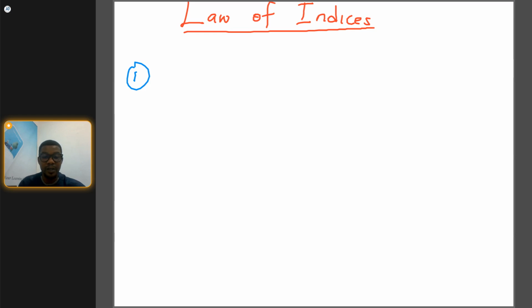The first law of indices is stated as we have on the screen. A raised to the power of x multiplied by a raised to the power of y will be equal to, take notes, let me explain this, a raised to the power of n, let me use n this time around.